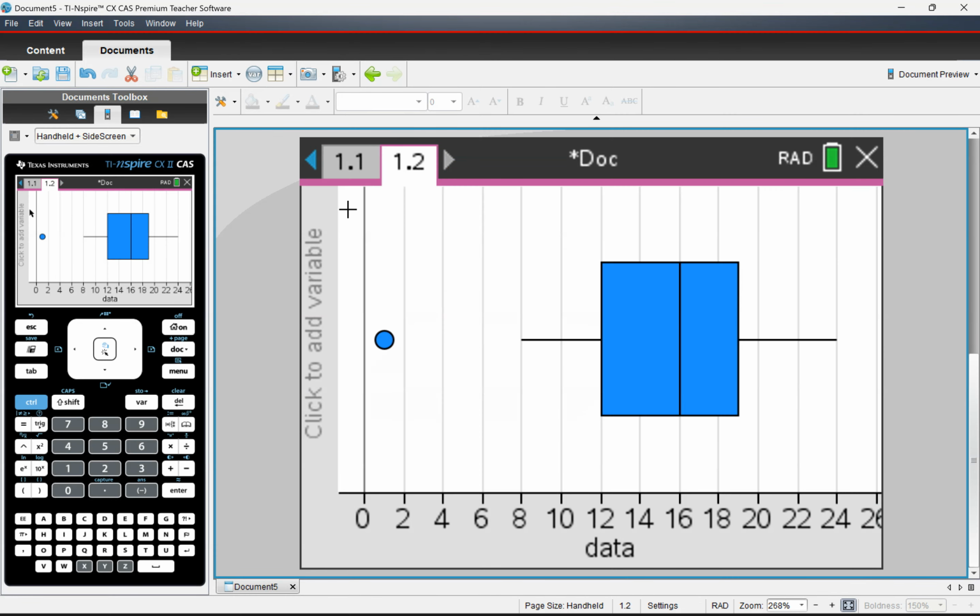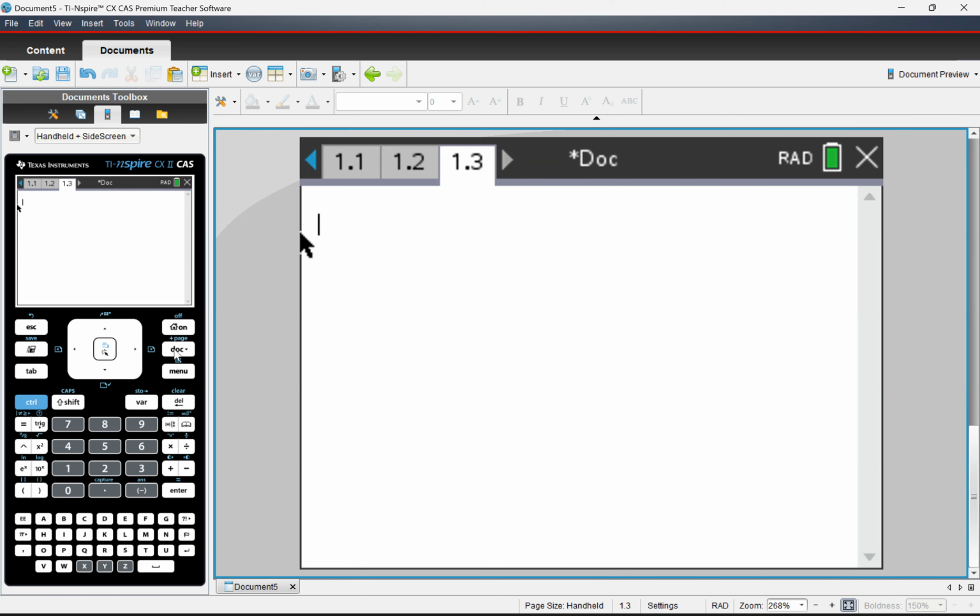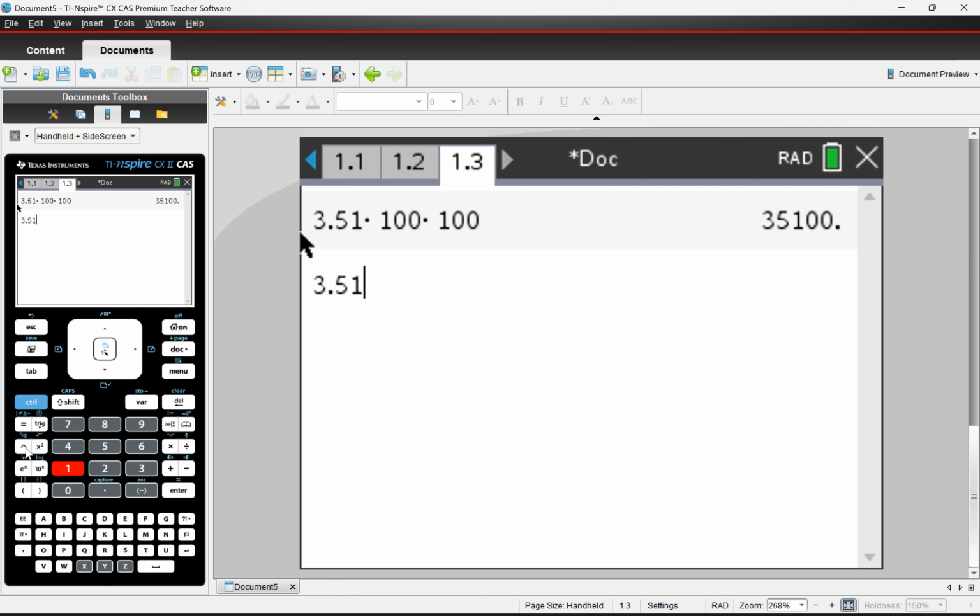This is my Year 9 accelerated. I'll now change. Let's do that one. Okay, so 3.51 times 100 squared. Now 100 squared means 100 times 100. So if you don't know how to do the square button, you can do times 100 times 100. Or on this calculator there is the little hat. See that symbol there?